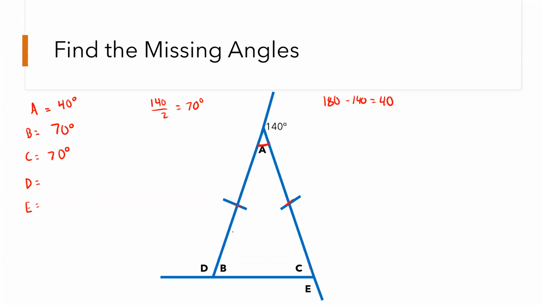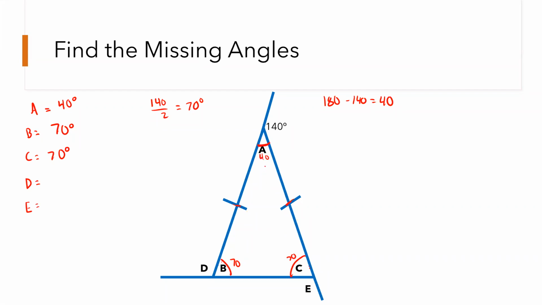Now for D and E, we can use the exterior angle theorem and add these together, or we can use the fact that they're supplementary to B and C. But either way, let's say that we use B is 70, C is 70, and A is 40.